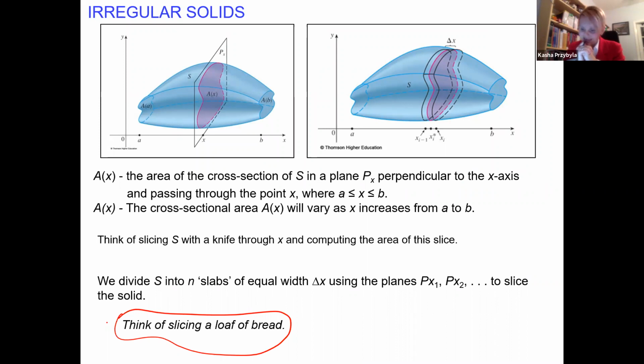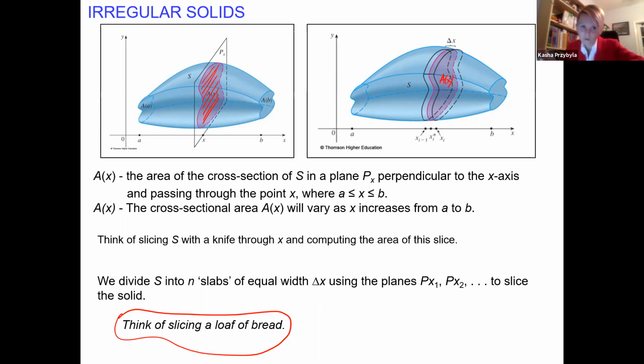Looking at this, the delta x will be the thickness, or the height. But this pink, when I take the A of x, we will call it the cross-sectional area, because we have to take a plane, or we can think about a knife.